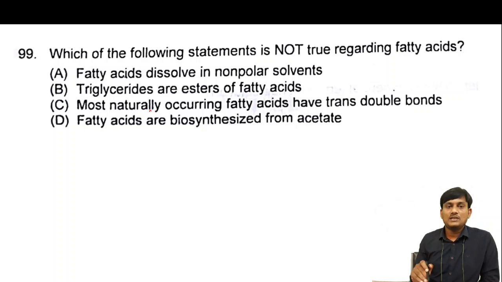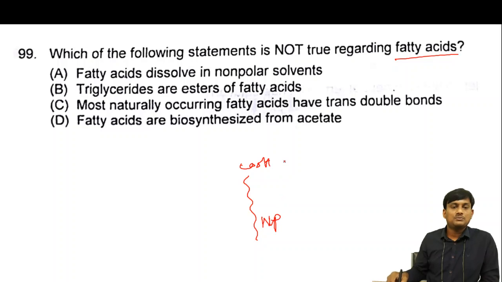Which of the following statements is not true regarding fatty acids? In fatty acids we have a polar part, COOH, and also a non-polar part, and overall it's non-polar in nature. Fatty acids dissolve in non-polar solvents. This one is correct. Triglycerides are esters of fatty acids.